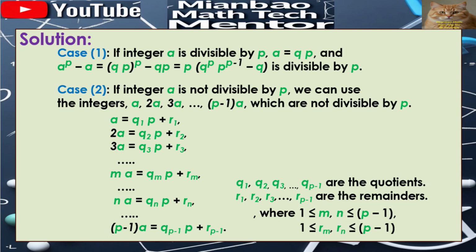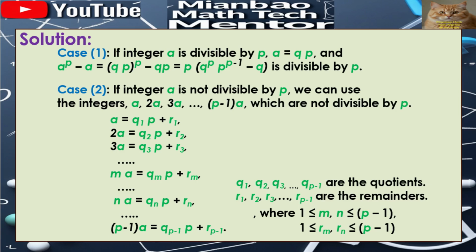And so on, ma equals qm times p, plus rm, na equals qn times p, plus rn, and (p minus 1) times a equals q(p minus 1) times p, plus r(p minus 1).